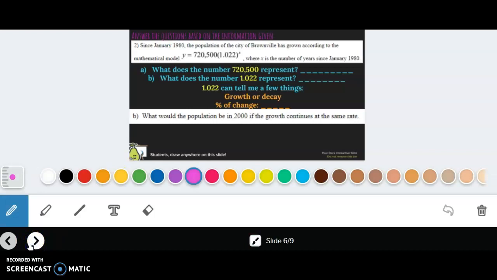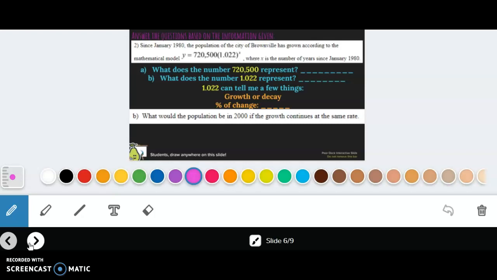Okay, so looking at this next example, we're going to answer the questions based off of the information that we're given. Most important, first off, is your equation. One of those numbers represents the A, the other number is the B. We need to remember what the A stands for and what the B actually is.